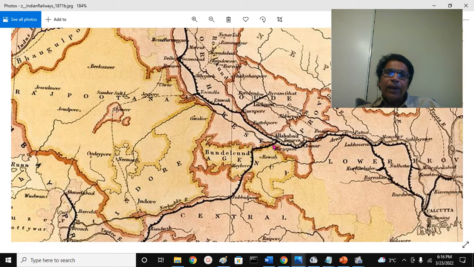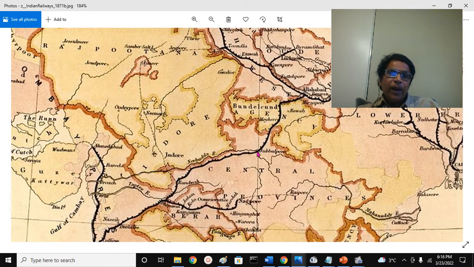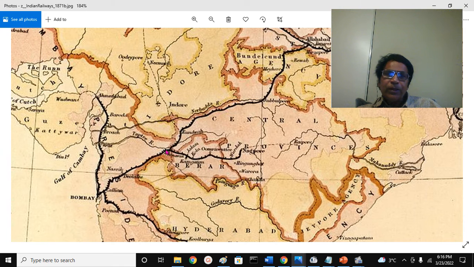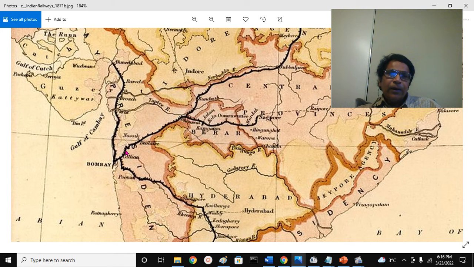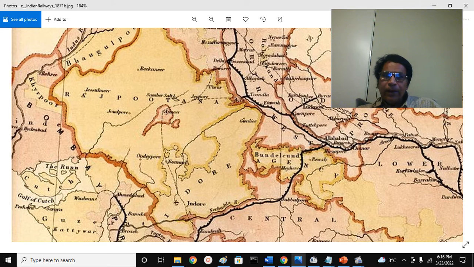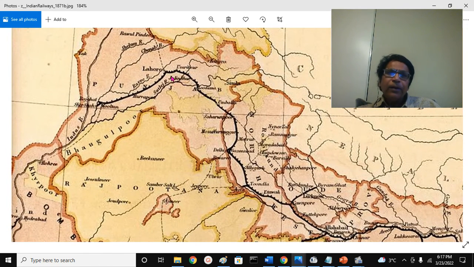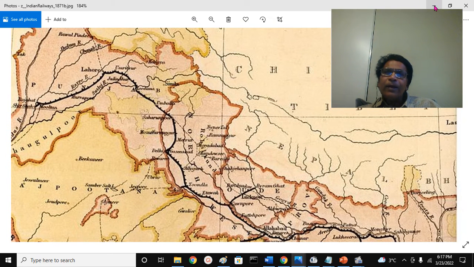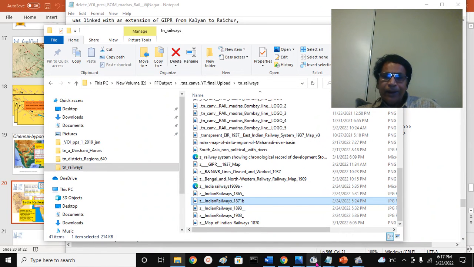This is Chunar, Allahabad, this is Jabalpur, and we have here the Jalgaon or Bhusawal junction, Bhusawal and Nagpur line to here, the Borghat Pass and Sarta, the Thalghat Pass, and to Bombay, to Baroda here, Karachi to Kotri, Hyderabad, and Lahore to Multan, Lahore to Saharanpur to Delhi. At that time, this side of the Yamuna river didn't have a railway line. They built the railway line later.